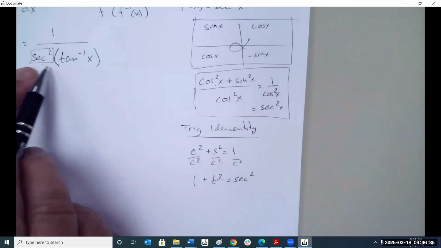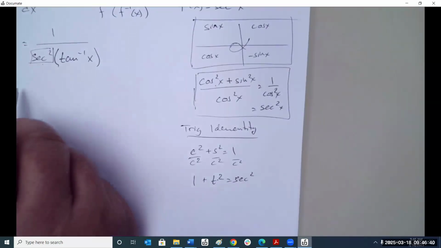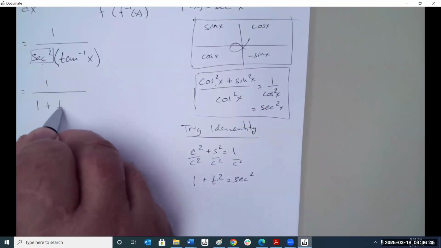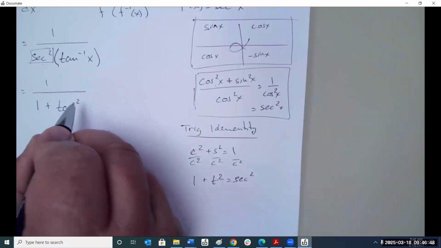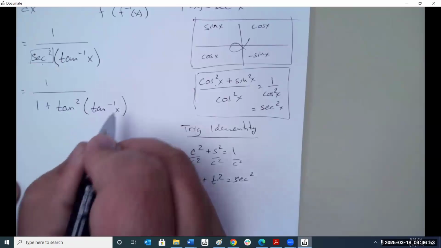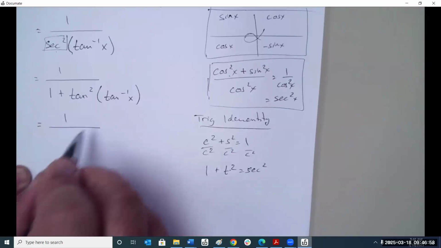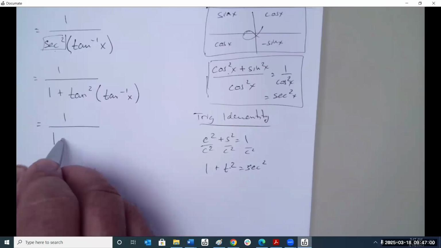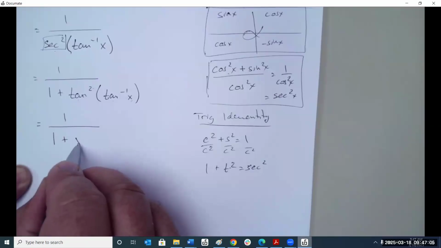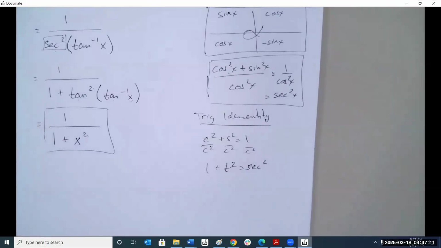So this secant squared is the same thing as 1 plus tangent squared of inverse tangent of x. One plus tangent times tangent inverse is x, so it's squared, so it's x squared. So there's my formula for the derivative of inverse tangent.